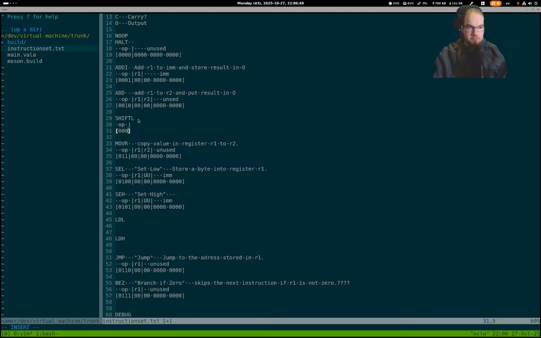Going to just do this to begin with. The value should be stored in registers. In a register, right? Yeah. One. Then unused.